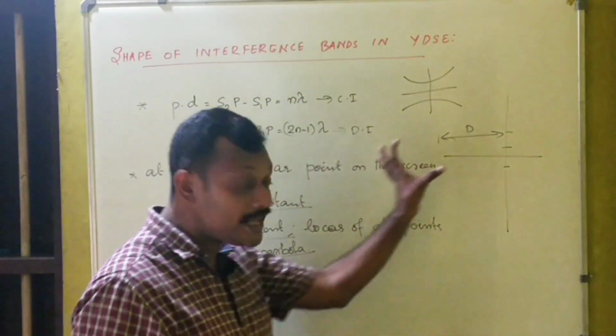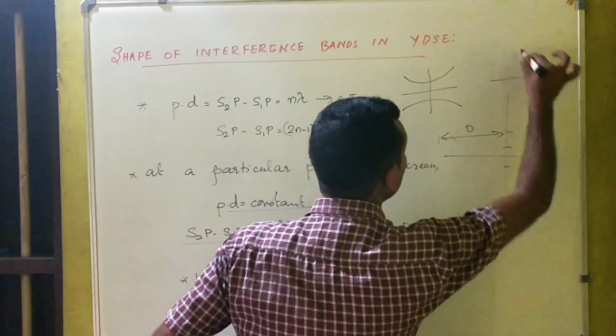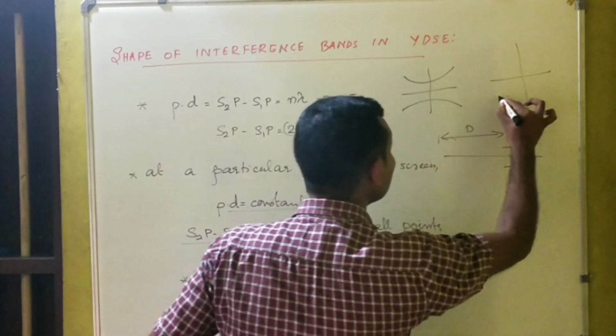Now when capital D increases, what will happen to this hyperbolic nature? The hyperbola becomes linear, right?